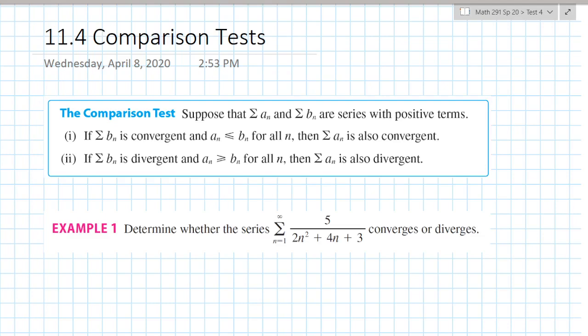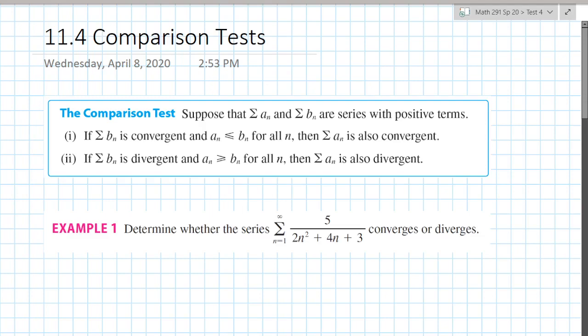So the first one is the comparison test. We have two series. The B series is the series that we know about, and the A series is the series we don't know about. If the B sub n series is convergent, and the A sub n terms are smaller than the B sub n terms, then the A sub n series is also convergent.